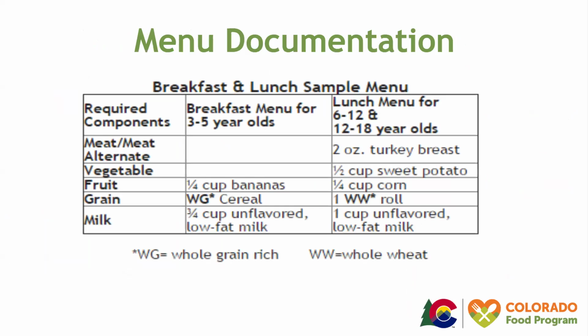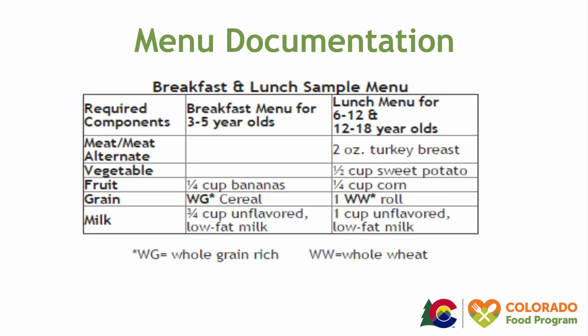All right. So we're going to dive into some requirements for menu documentation. Your menu does need to clearly indicate if a product is your whole grain for the day. This is not only important for your families, but it's important when your nutrition consultants come for your review. We want to see very clearly and obviously what whole grains you're serving.